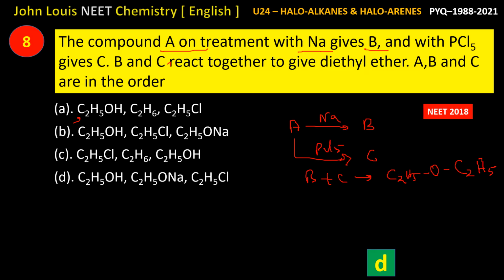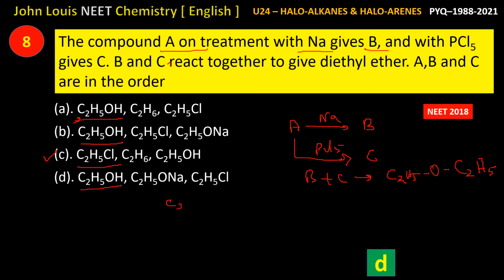Now let us look at the options A, B, C, D. The starting compound in A is ethanol, B is also ethanol, C is ethyl chloride, and D is ethanol. Now suppose let us take option C, where compound A is ethyl chloride. First of all, it is treated with sodium metal.